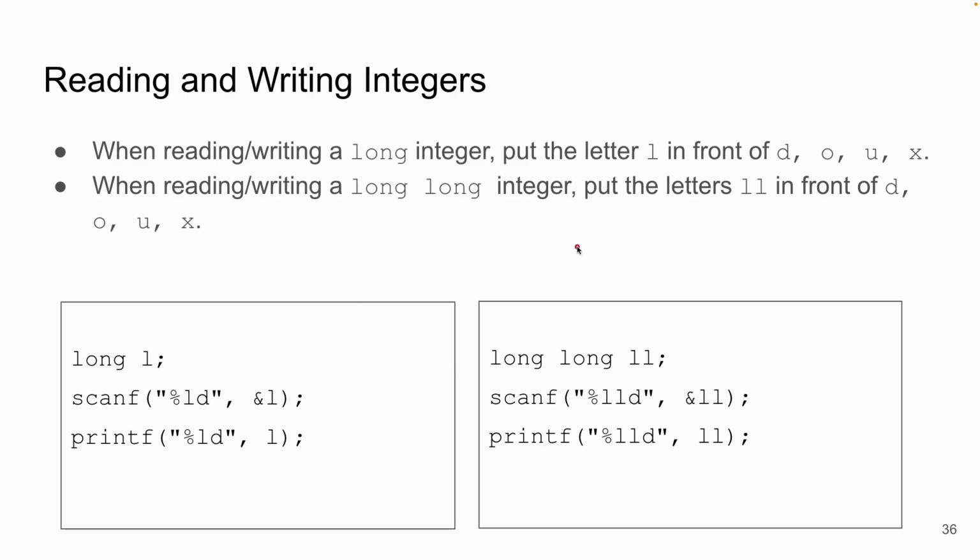And if we have a long long integer variable, then we just need to put 2l in front of these conversion specifiers. So we have 2l here for the long long integer variable. So the 2L here is not the name of the variable.